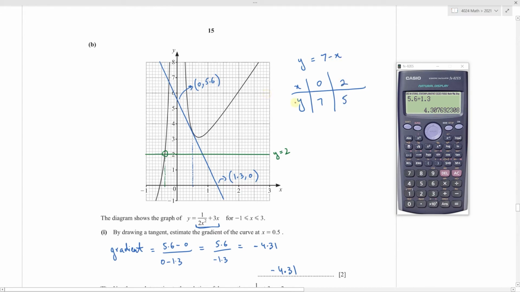Now let's plot this. You have 1 point, 0 and 7. This is 1 point, and the other one is 2 and 5, here. Let's draw this line now.